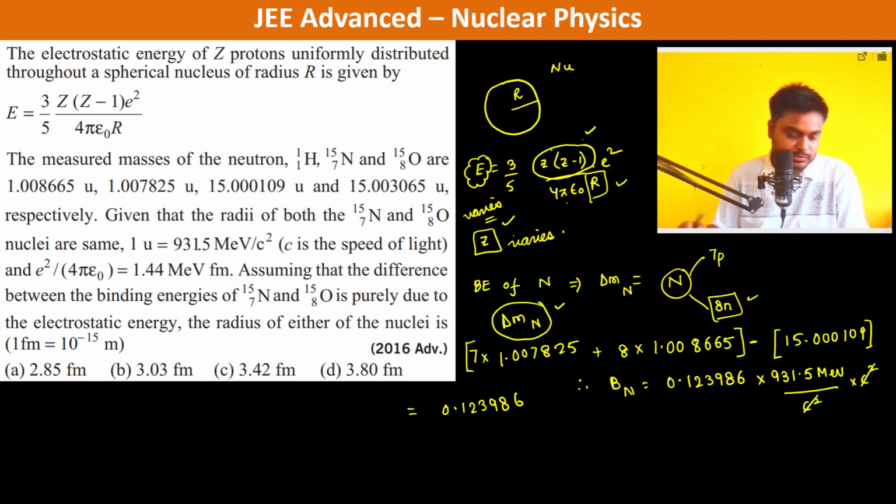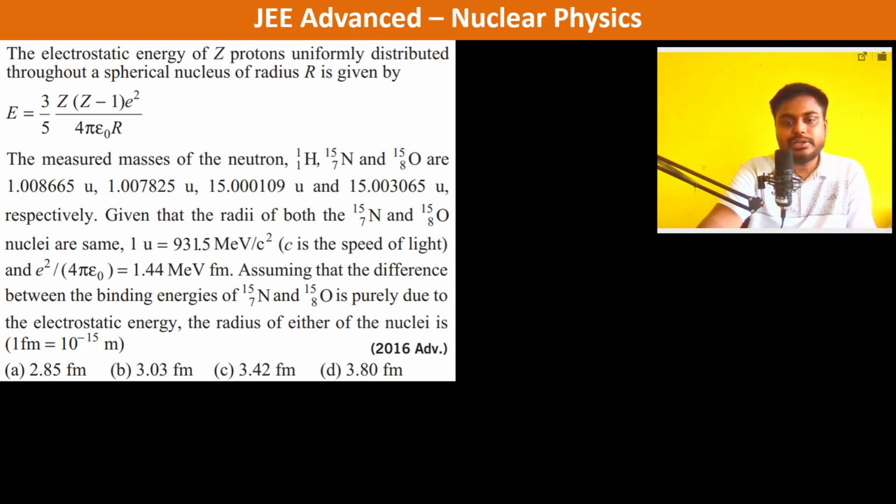So into 931.5, that is 115.5 mega electron volt. Now we calculate the binding energy of oxygen.